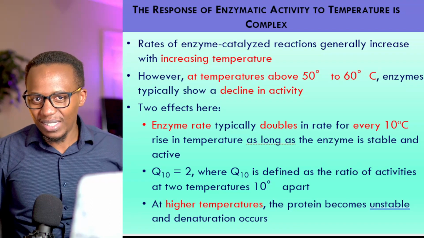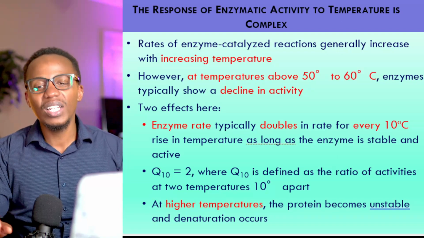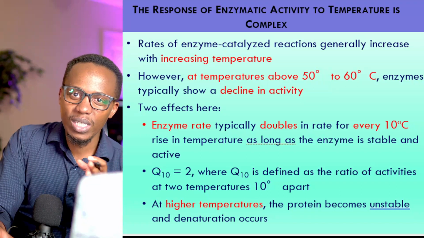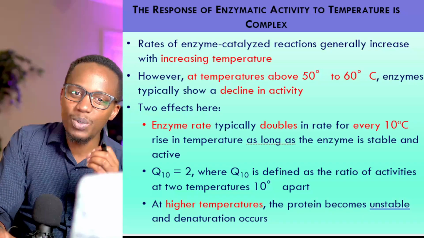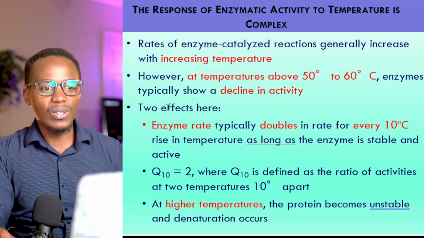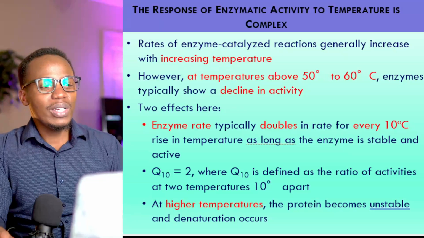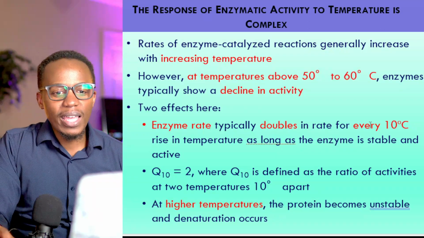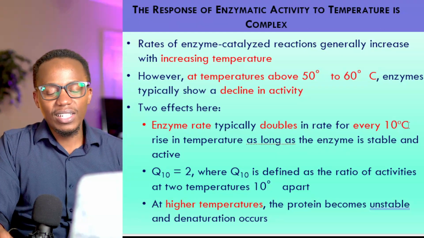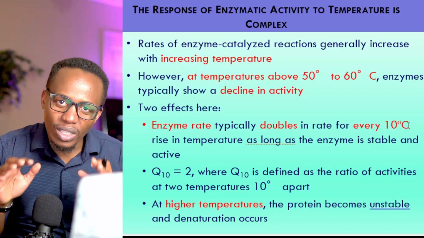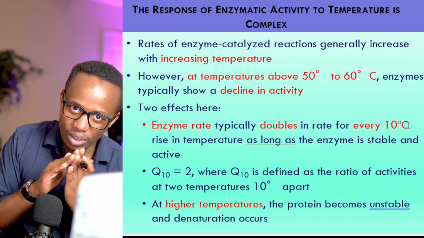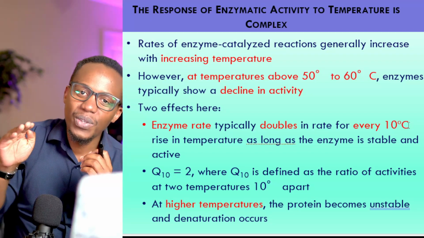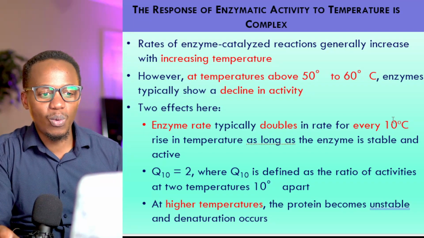At that point, the enzyme is not going to be functional, right? So increasing temperature increases enzymatic activity up to a point, right? So usually a general rule is that the enzyme rate doubles every 10 degrees Celsius, but only in that window of acceptable temperature, right? If you go above that, it won't work, right?